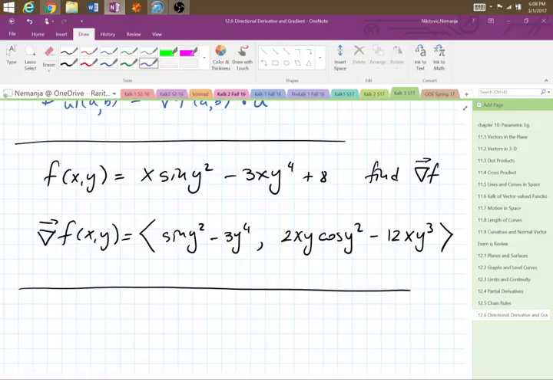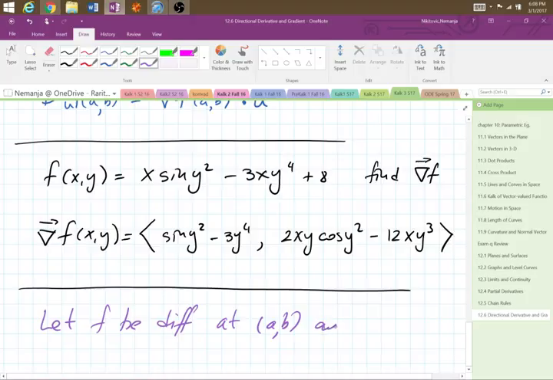So let the function f be differentiable at (a, b), and the gradient be different from 0.